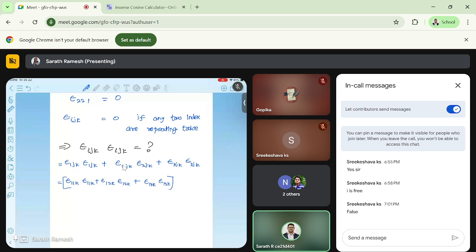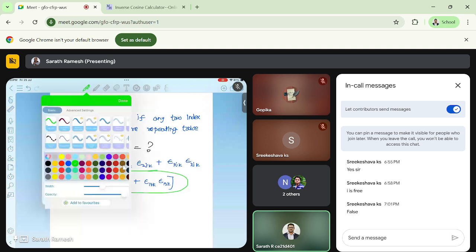So epsilon 21k epsilon 21k plus epsilon 22k epsilon 22k plus epsilon 23k epsilon 23k. Okay, finally the third term. Let's keep writing.